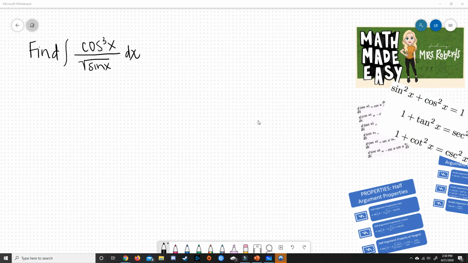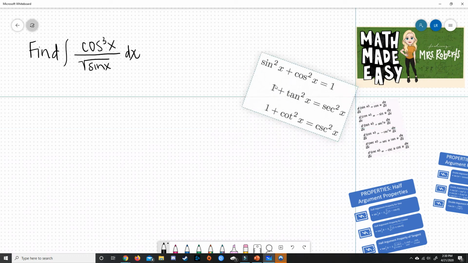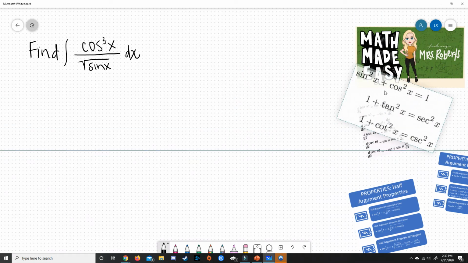Well, this is tricky. What I notice is that I have an odd degree for cosine. And so that tells me that I could split cosine into cosine times cosine squared of x, and then I could use a Pythagorean identity. So I think that's what I'm going to try to do.